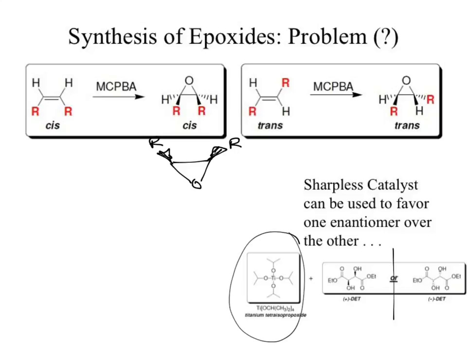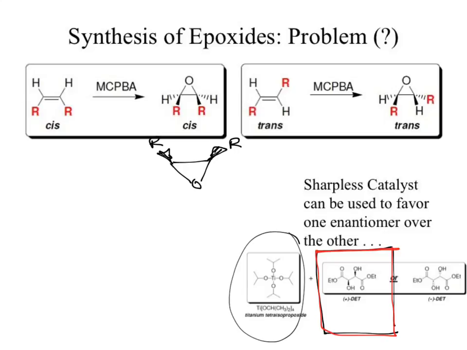Okay? It's kind of interesting chemistry that I've never heard a reasonable explanation of. So we can take our alkene, our titanium reagent, and then one or the other of these DET molecules. You'll notice that if you evaluate the stereochemistry, they are mirror images of each other.